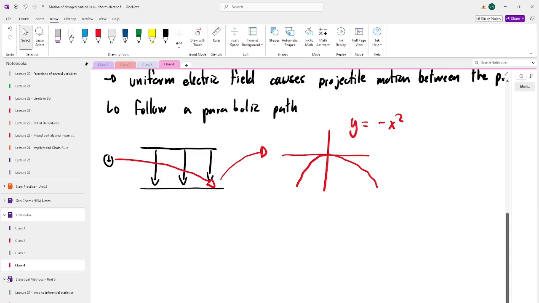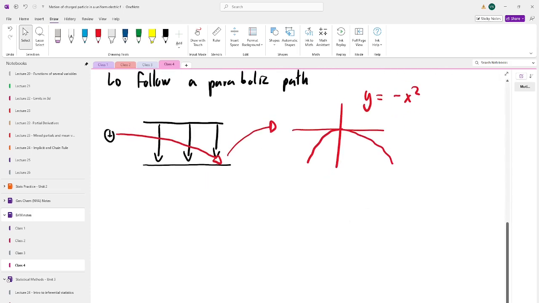So, to calculate the motion of a charged particle in a uniform electric field, we use the kinematic equations that we had in mechanics, and we just rewrite them a little bit. So I'll write that down.